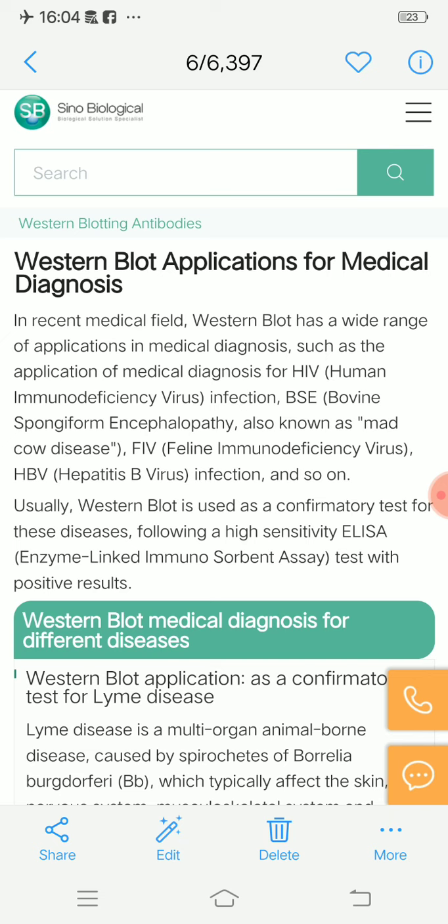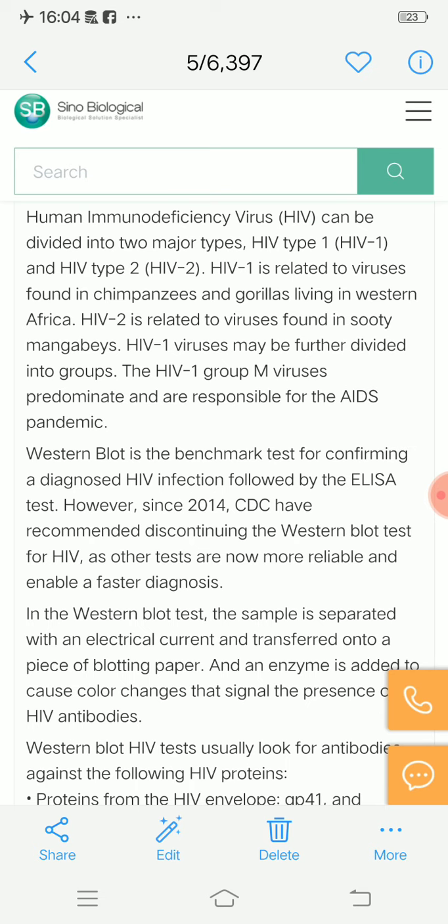Here it is also mentioned that it is used to diagnose different diseases like HIV, BSE (bovine spongiform encephalopathy), then FIV, FBV. Here is some explanation of HIV, which proteins are there.